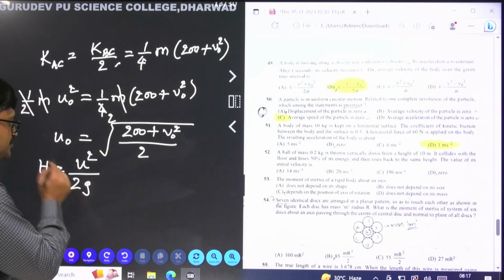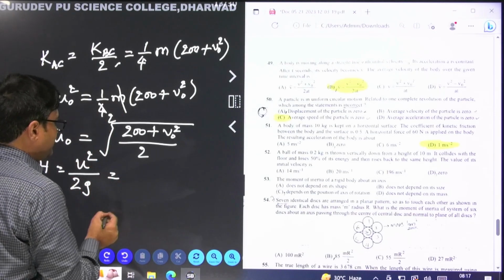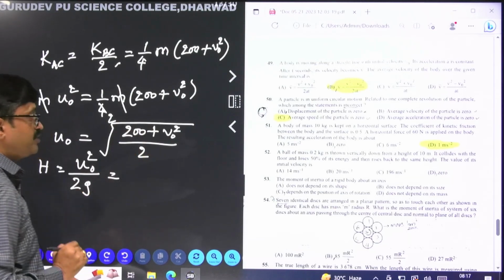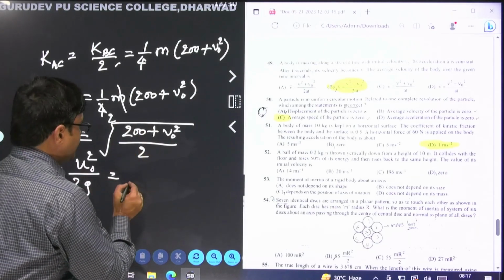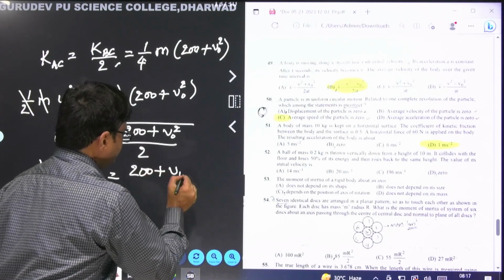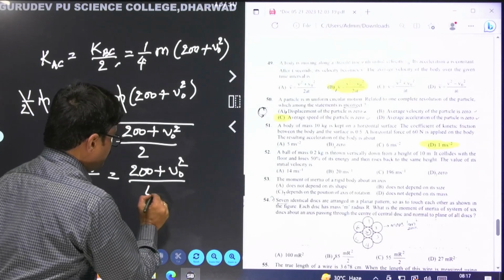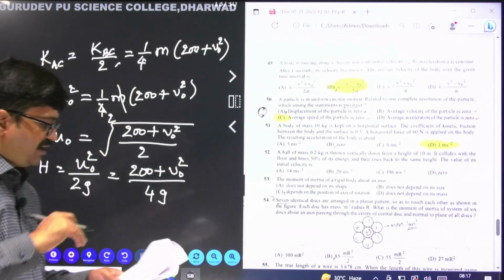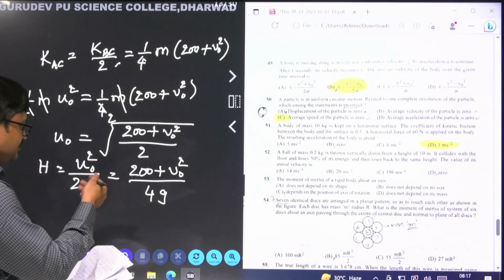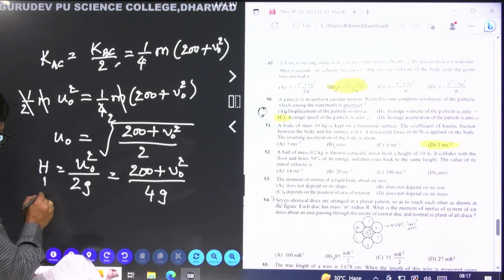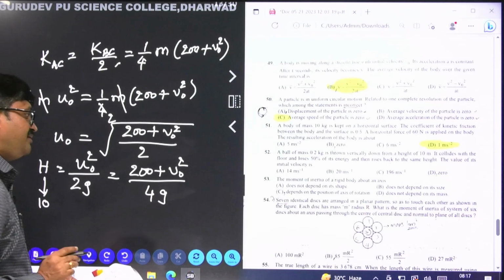So I'll write u square by 2g, that is maximum height, and u square value I have here. So I'll write this as u naught square by 2g. According to that, I'll get this as 200 plus v naught square divided by 4g. If we substitute everything properly, as you can notice, h is 10, and g value we can take as 10.